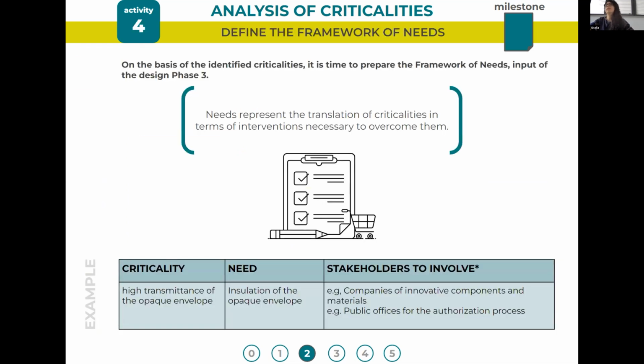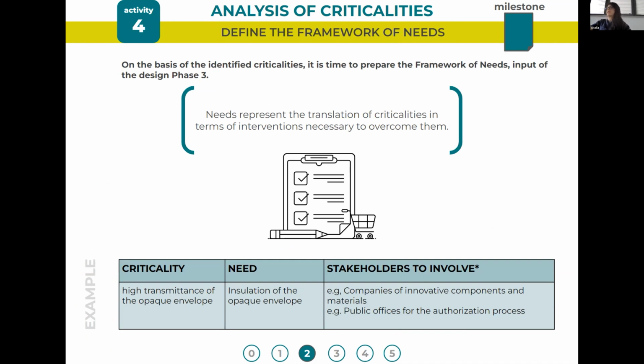Okay, the last activity foreseen in this phase is related to the definition of the framework of needs. Needs represent the translation of criticalities in terms of the interventions necessary to overcome them. So, for example, if the criticality discovered in the previous activity is the high transmittance of the opaque envelope, our need is to insulate the opaque envelope.